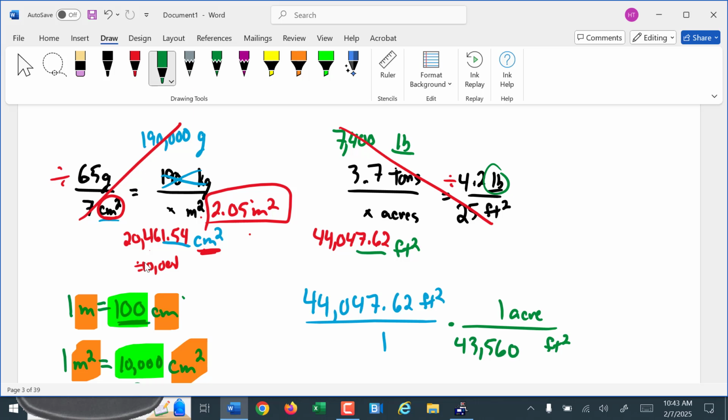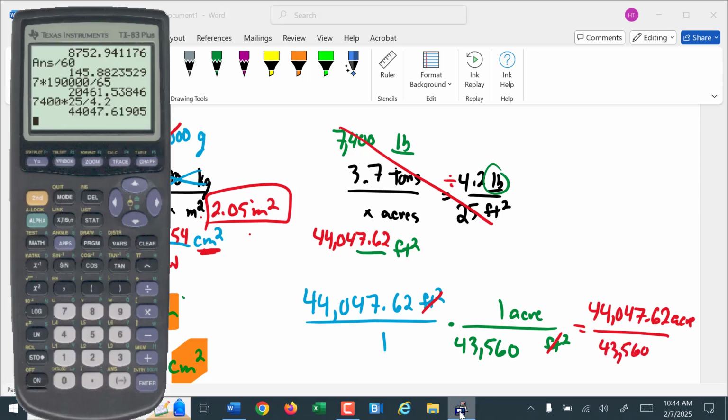We cancel out the square feet. So this is going to be 44,047.62 acres on top, 43,560 on bottom. So obviously we have to divide that out, giving us 1.01 basically acres.